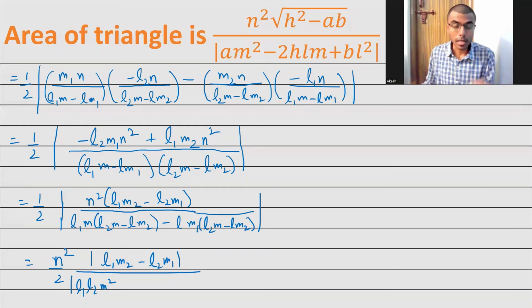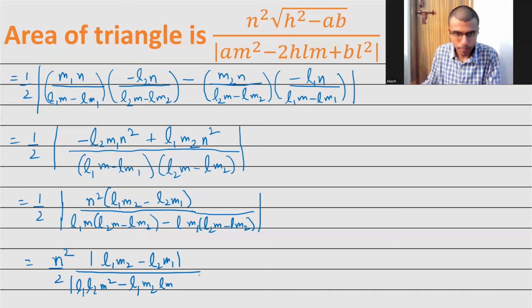Now again L1m into LM2 is L1 m2 LM, minus L1 m2 LM.